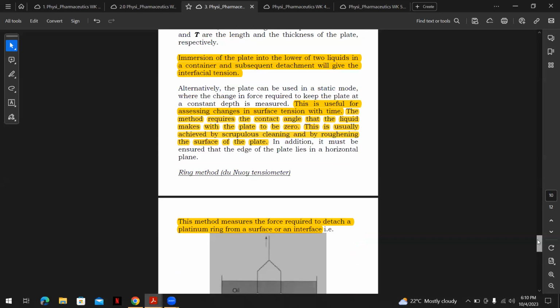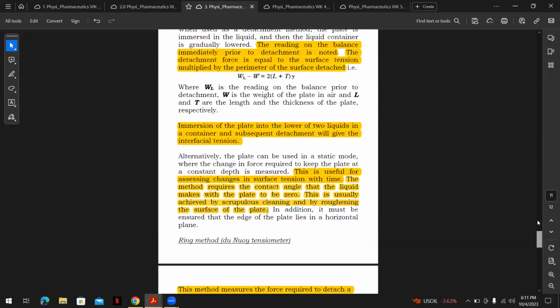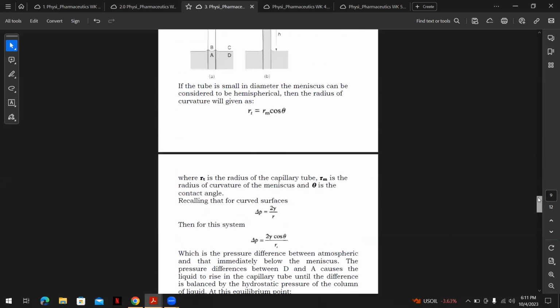It's also automated from what I've seen in the videos, but you can calculate it if you have the inner radius of the ring, the outer radius of the ring, and the force of the detachment. You can calculate the surface tension or the interfacial tension. I don't know if you understood me with this.